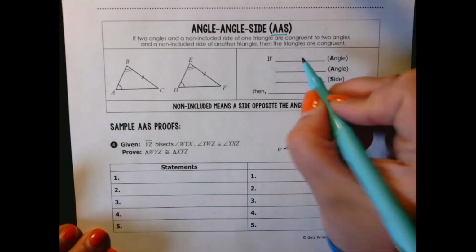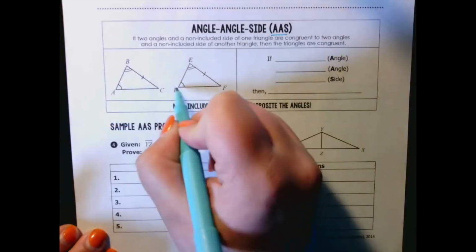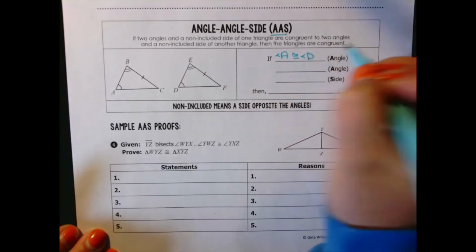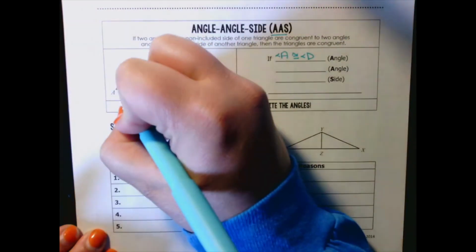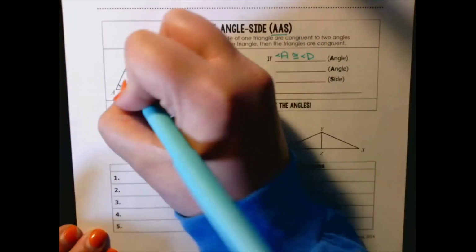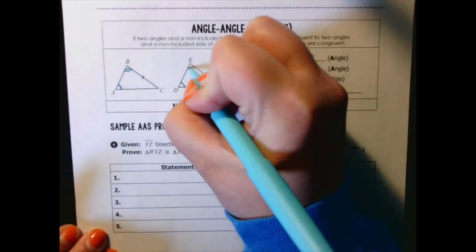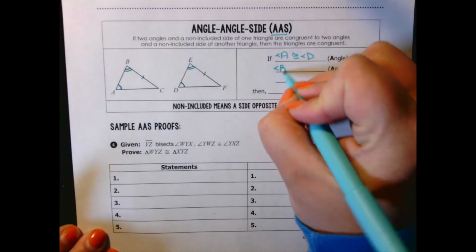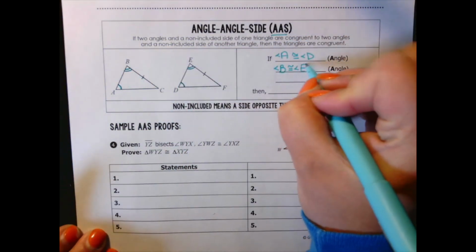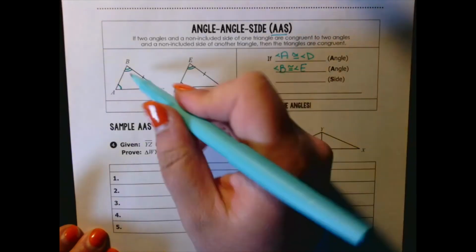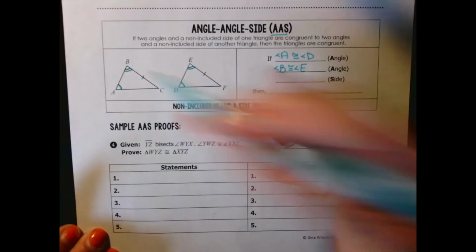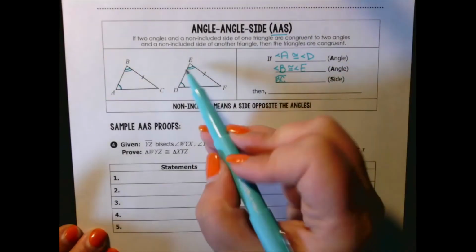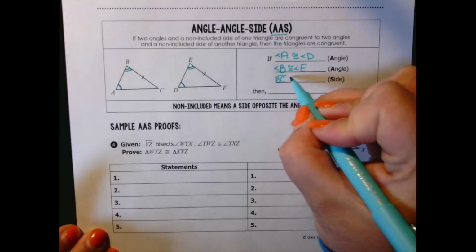So our first angle, angle A, is congruent to angle D. Then we have our second angle, angle B, is congruent to angle E. And then our side that is across from those two angles, we've got side BC, and then side EF.